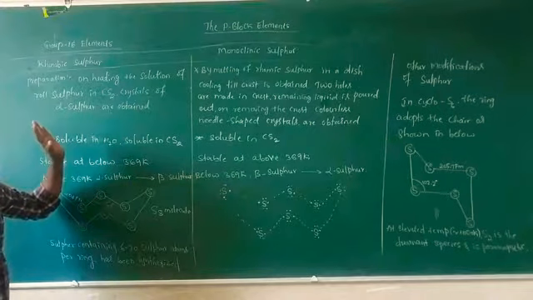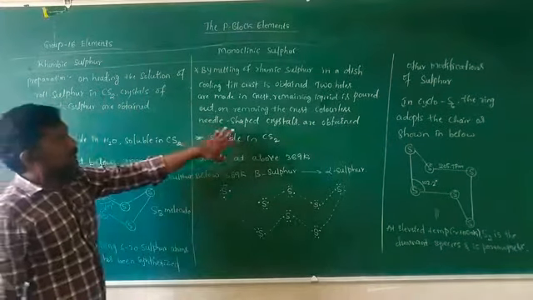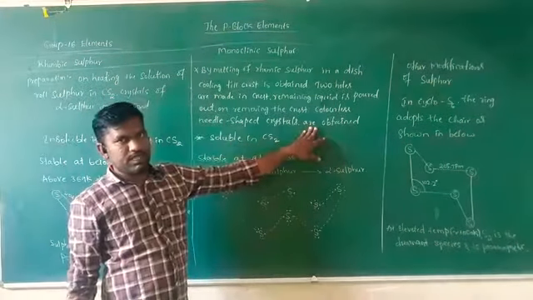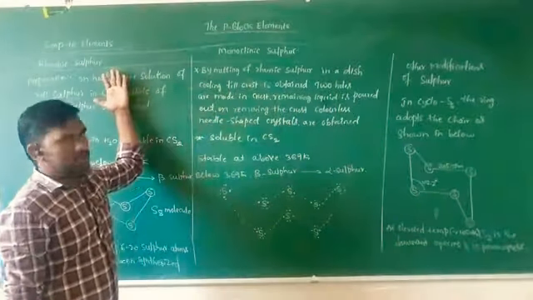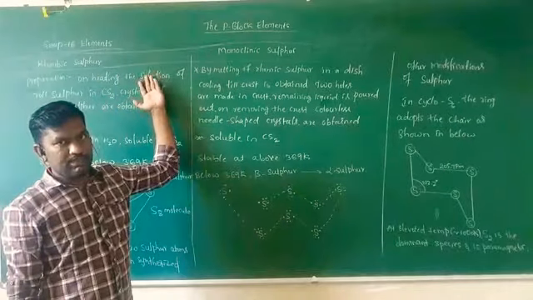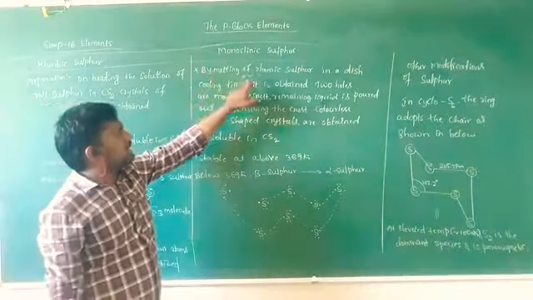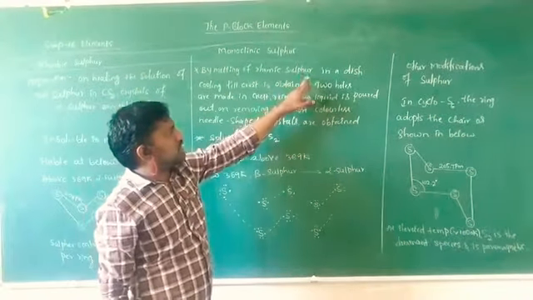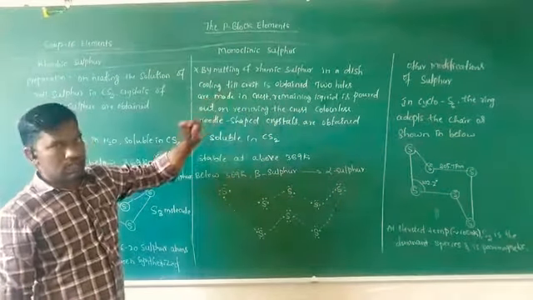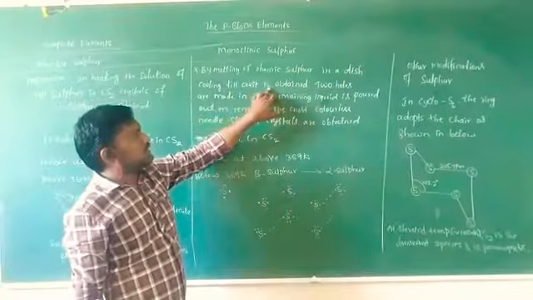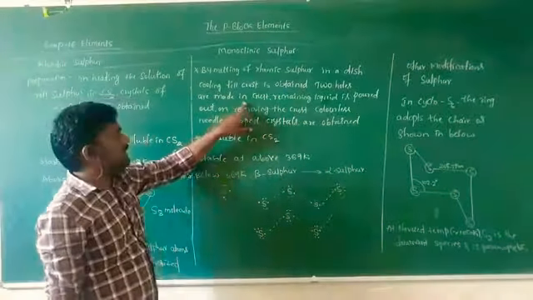But how are beta sulfur crystals obtained? By melting rhombic sulfur, alpha sulfur, in a dish and cooling it till a crust forms, then making two holes in the crust.